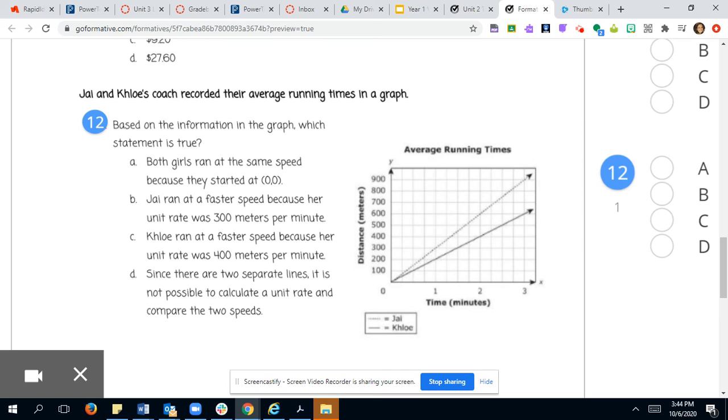B, Jai ran at a faster speed because her unit rate was 300 meters per minute. C, Chloe ran at a faster speed because her unit rate was 400 meters per unit. D, since there are 2 separate lines, it is not possible to calculate a unit rate and compare the 2 speeds.